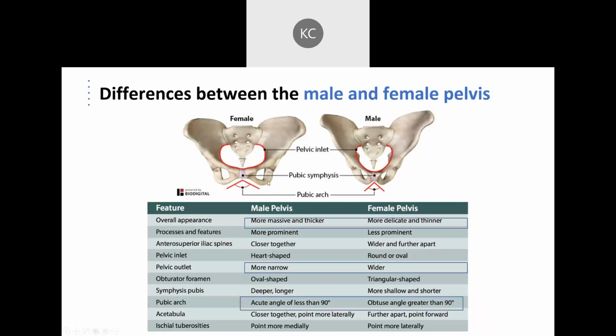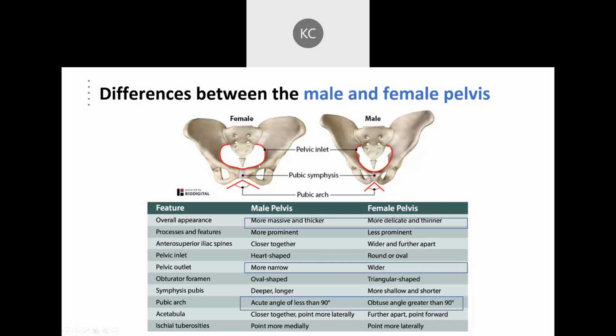Well, why would this be the case? Why would males and females not have the same shape or the same configuration to their pelvic inlet and their pelvic outlet? Well, it turns out that they need to be different because females are going to be bearing children, or if they choose to bear children, the fetus, specifically the fetal head, is going to have to pass through this region.